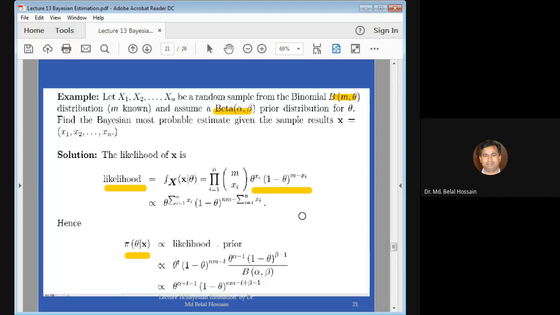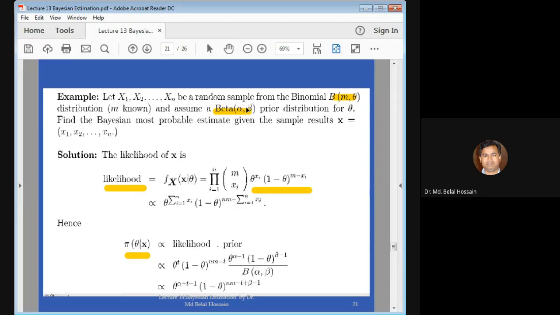With this problem, the given information, you see that we assume a beta distribution as the prior distribution for theta. So the information that is known in advance is the prior distribution. We are calculating the posterior distribution, that is actually the multiplication of the likelihood function and the prior distribution.